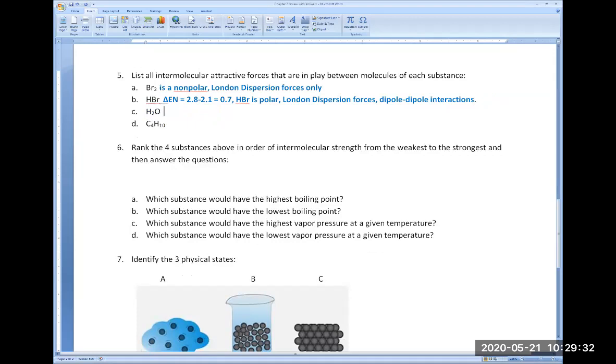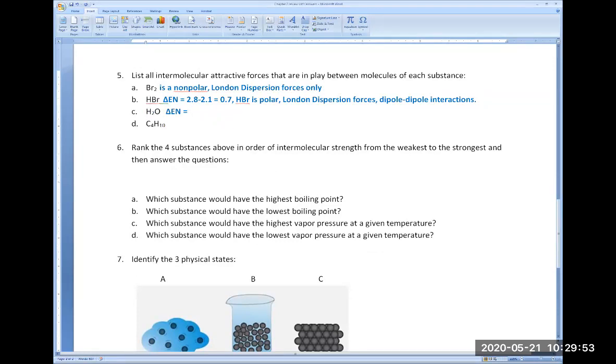Let's do H2O. Let's copy that first. So is H2O a polar molecule? Hopefully you know this by heart now, because you should have seen water come up a lot.